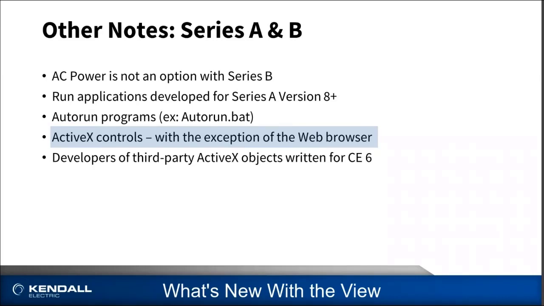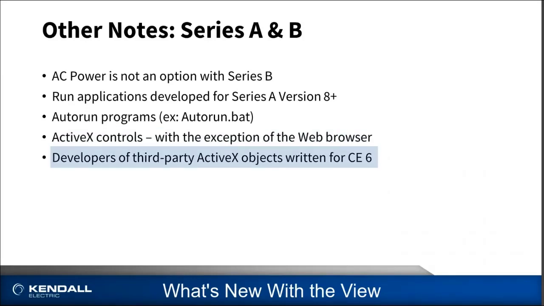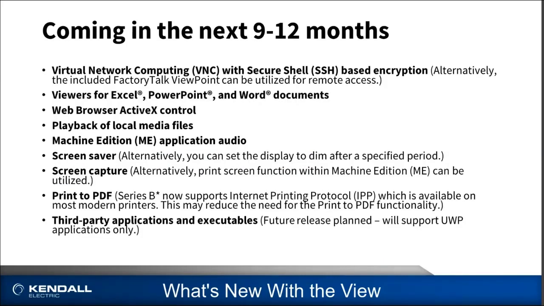So a workaround here would be to have a button launch Microsoft Edge, view the web page full screen, and then close it to return back to the running project. And then finally, any third-party ActiveX controls that were written for Windows CE may have to be rewritten to be compatible.